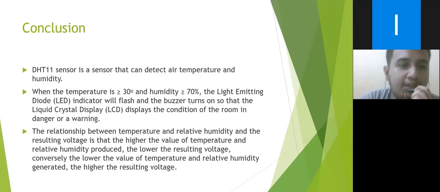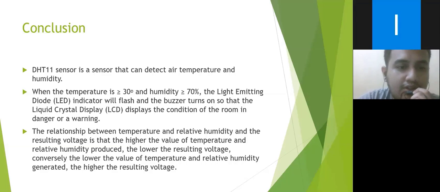When the temperature is greater than 30 degrees Celsius and humidity greater than 70%, the light emitting diode indicator will flash and the buzzer turns on, so that the liquid crystal display shows the condition of the room as danger or a warning.